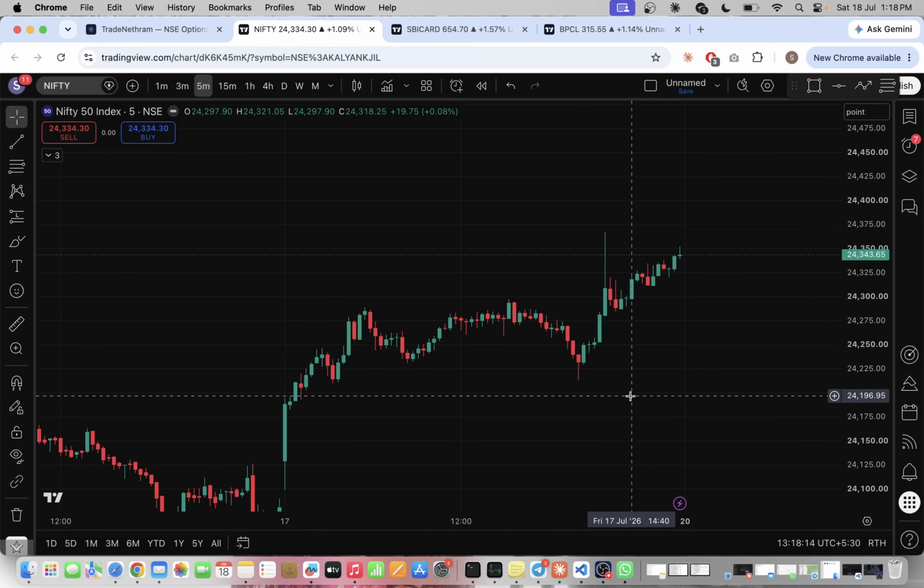Let me clear this. So here I entered and I made a very good risk to reward, very decent profits compared to my risk, because my risk is only this much, until the candle low, because the liquidity has been wiped out here from the previous low, and I could enter here and I made a good profit.